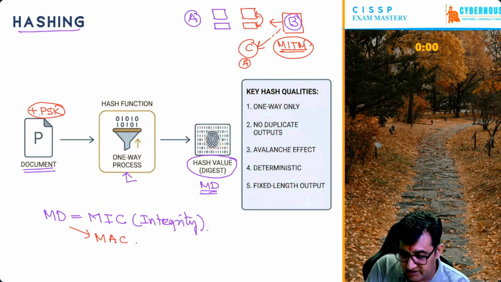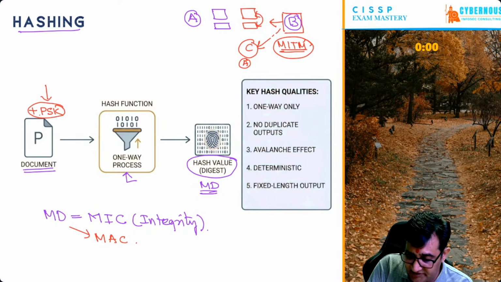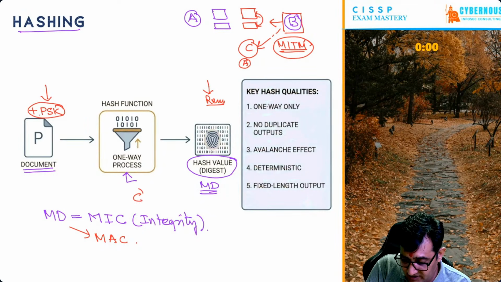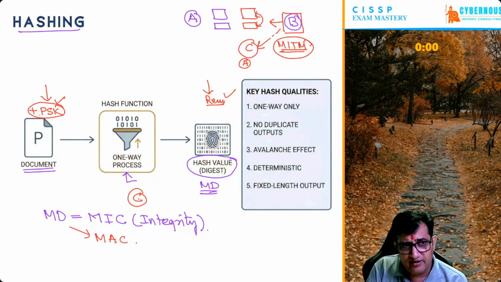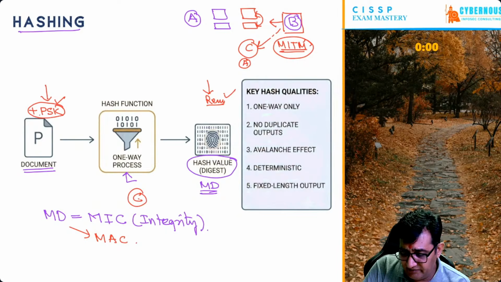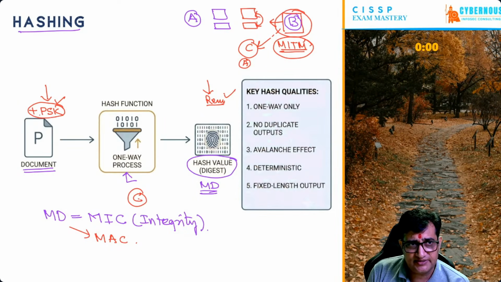This pre-shared key is actually shared between the sender and the receiver. Because hacker C will never know this pre-shared key, even if he tries to regenerate the hash, he will not be able to generate the same hash value. Or even if he generates one, B will come to know, yes, it is a tampered message.